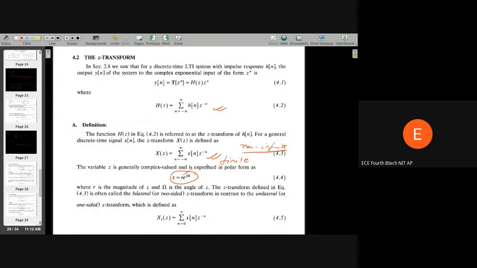There is a range of values of r for which this signal will have a Z transform. Same case for Laplace transform. And this region is known as the region of convergence.